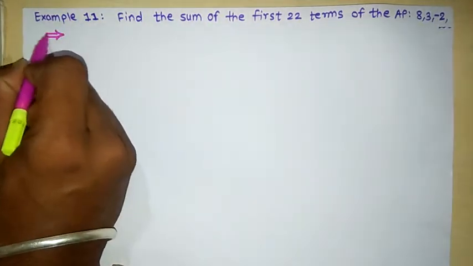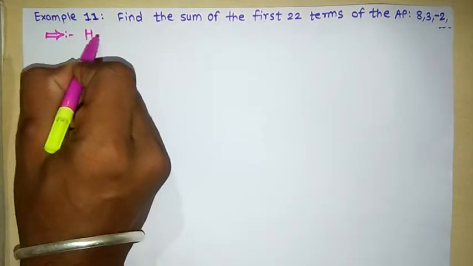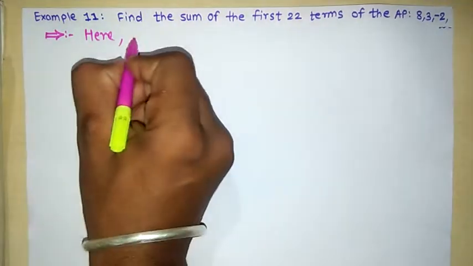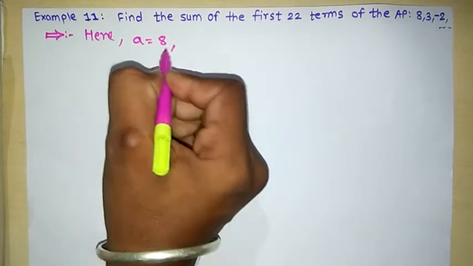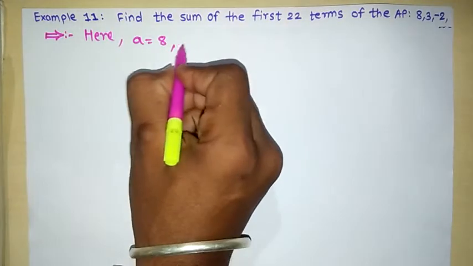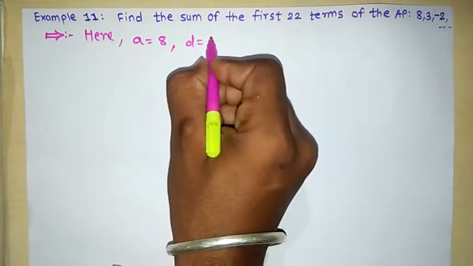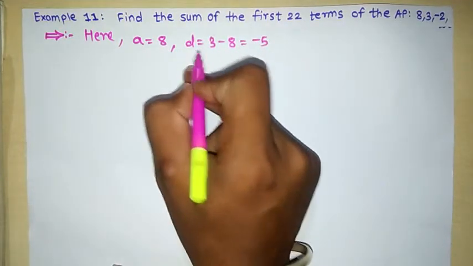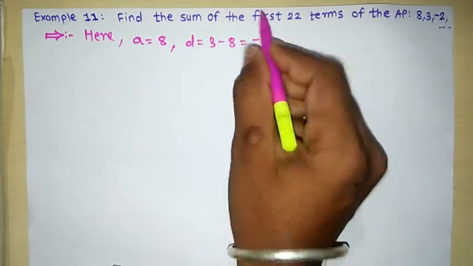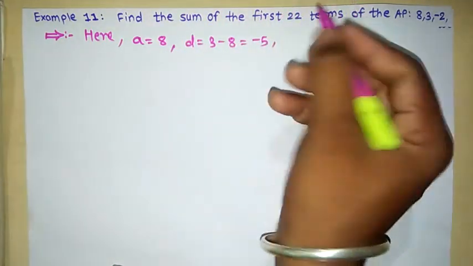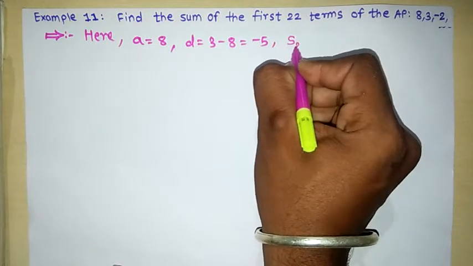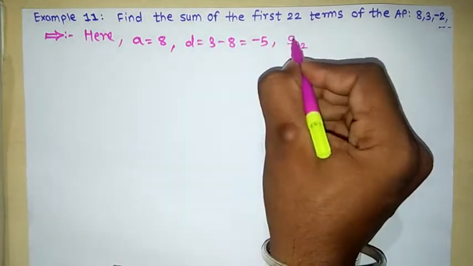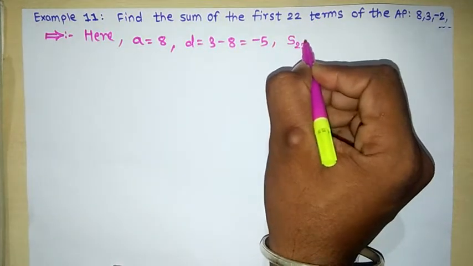Solution. Listen carefully. What is the first term here? The first term is 8. A is equal to 8. And what is the common difference? D is equal to 3 minus 8, which is equal to minus 5. Here the common difference we got is minus 5. And what do we have to find? The sum of the first 22 terms, which is written as S22.